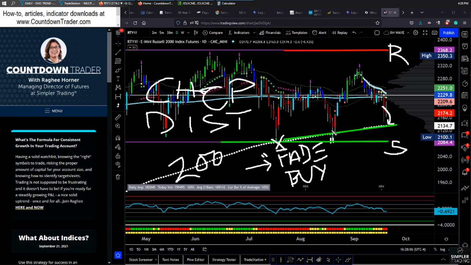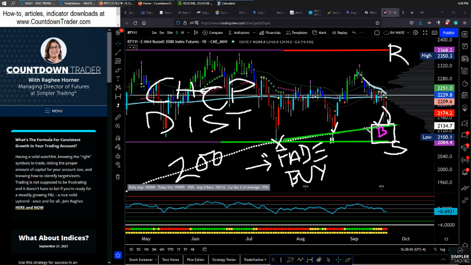The second time it bounced off the Simpler Propulsion 200. Now I'm going to be focusing on that again. So I will say this whole area is viable for the buy.